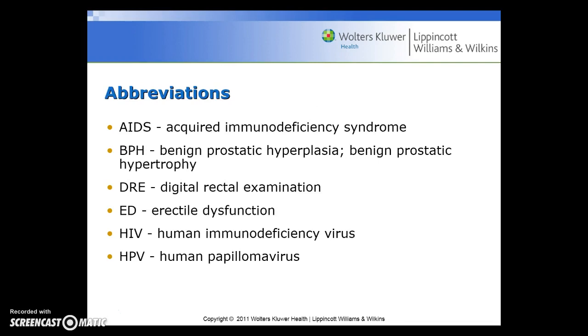Common abbreviations in this system you're going to see is AIDS, acquired immunodeficiency syndrome, BPH, or benign prostatic hyperplasia, benign prostatic hypertrophy, DRE, digital rectal exam, ED, erectile dysfunction, HIV, human immunodeficiency virus, HPV, human papillomavirus.